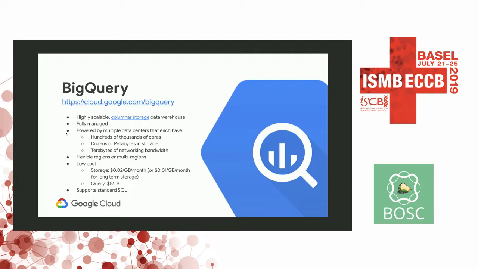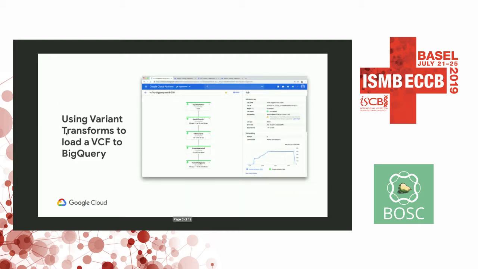And so we'll take a look here at some of the stuff that Variant Transforms has. Variant Transforms is written with the Apache Beam SDK. This is a version of it running right here in Dataflow, which is our managed Beam service. Looking at this import, here are the 2,500 or so samples of 1,000 Genomes and about 360 million variants.